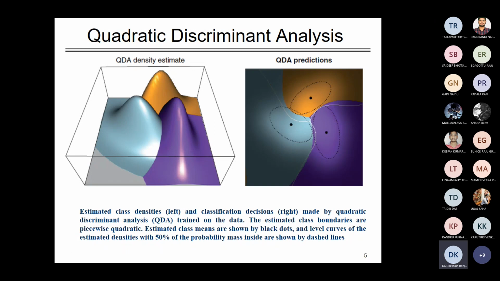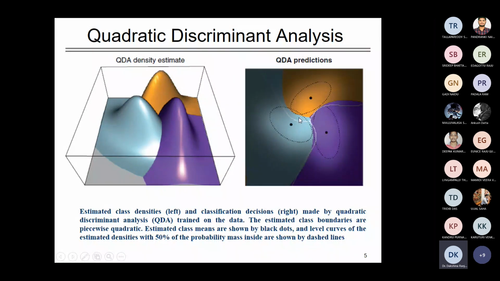Now, when we saw quadratic discriminant analysis, we estimated the class densities, and the classification decisions are made by quadratic discriminant analysis, and the estimated class boundaries are piecewise quadratic. We have already talked about this piecewise quadratic estimation.